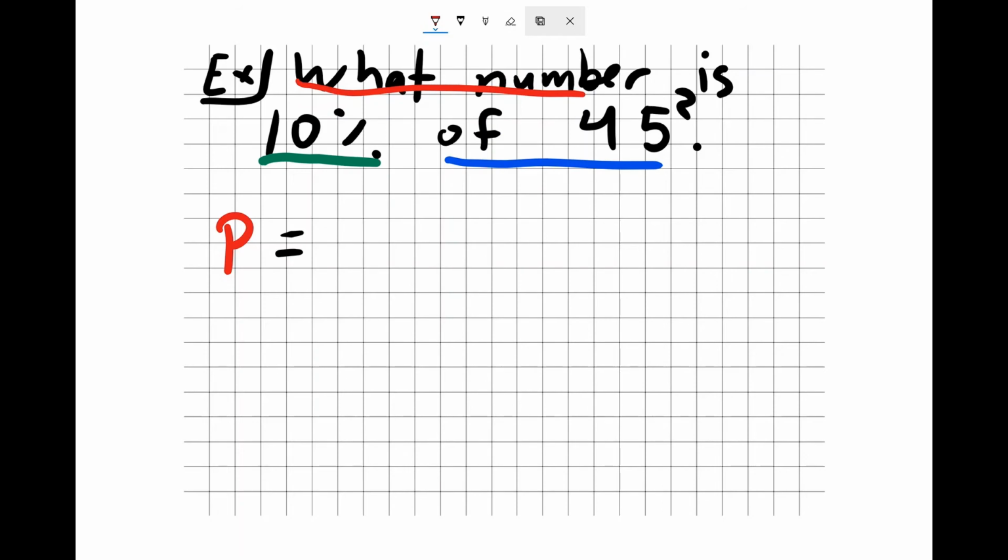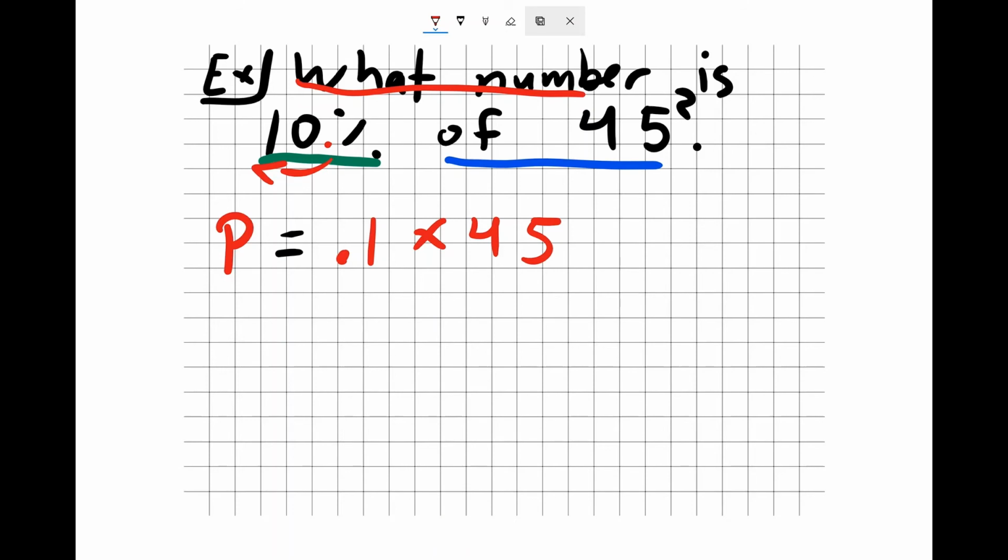10%. Again, we want to write that as a decimal, which is just 0.1. If you need a refresher on how to convert percentages to decimals, quick shortcut, divide by 100 or just move your decimal point over two spaces. 0.1 times 45.